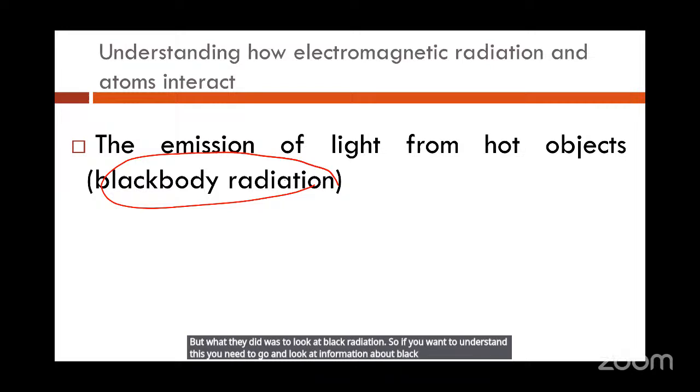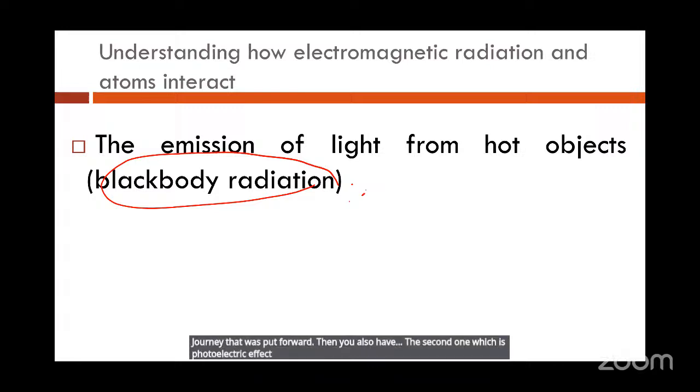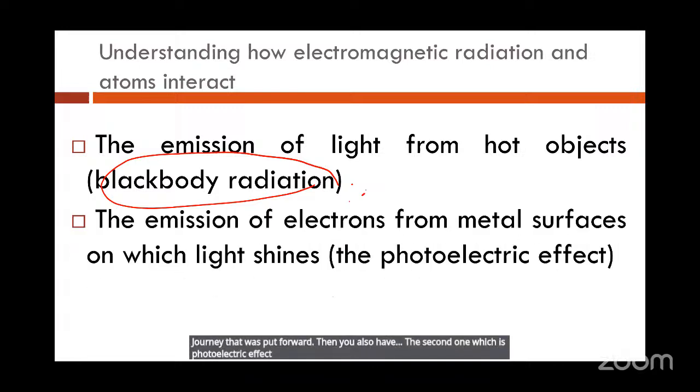It was one of the theories that was put forward. Then you also have the second one, which is the photoelectric effect, the emission of electrons from metal surface.